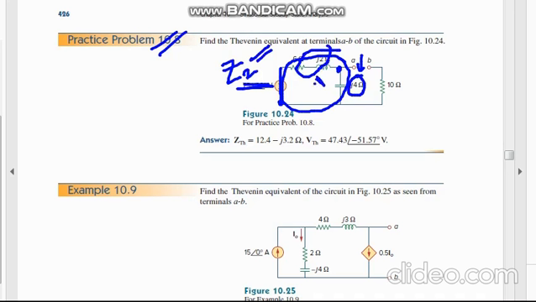These two parallel ports will be solved by this. Then another Z2 will be in series, so Z1 plus Z2, you can easily find out Z Thevenin, that will be additive as it is series.